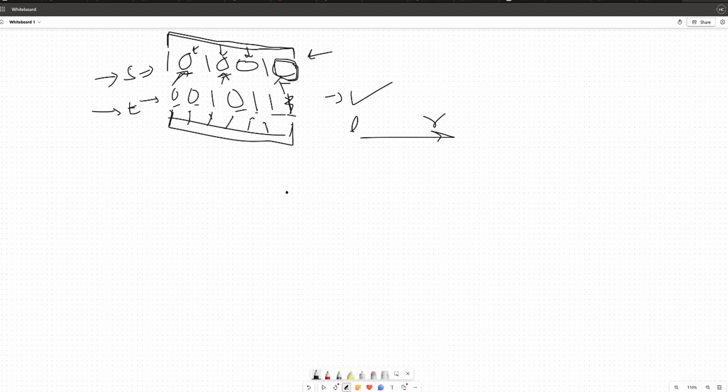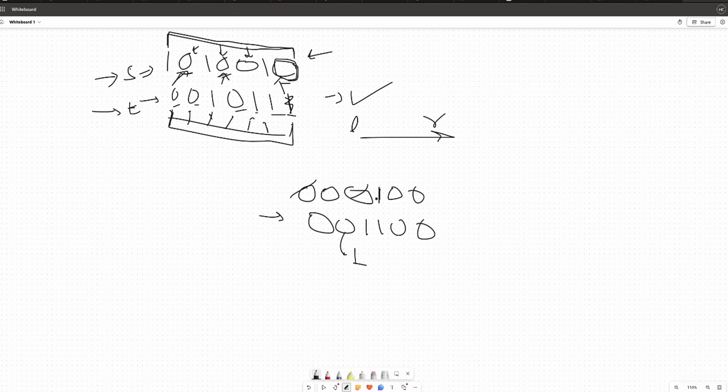So we have a string, let's say 0, 0, 0, 1, 0, 0, and we have another string 0, 0, 1, 1, 0, 0. Since these two are 0, this can be converted to 1.